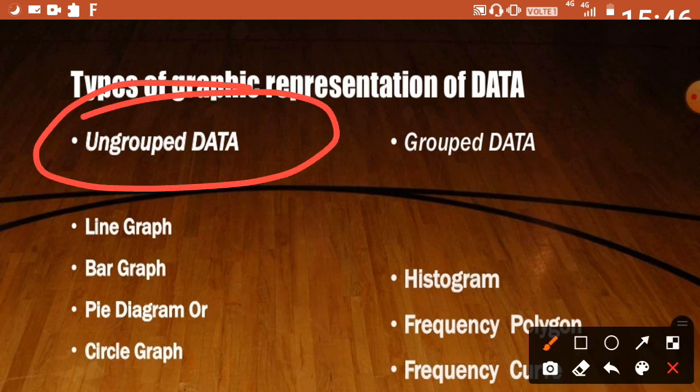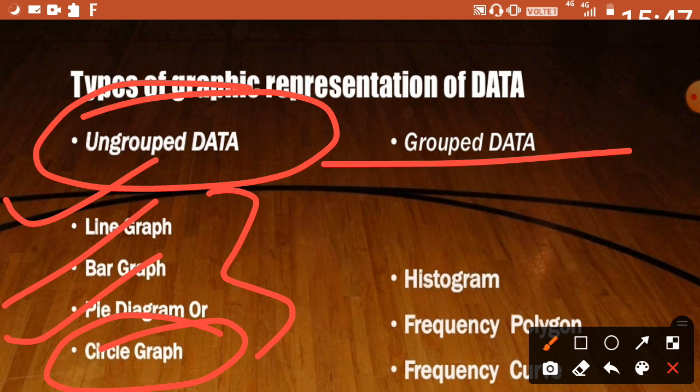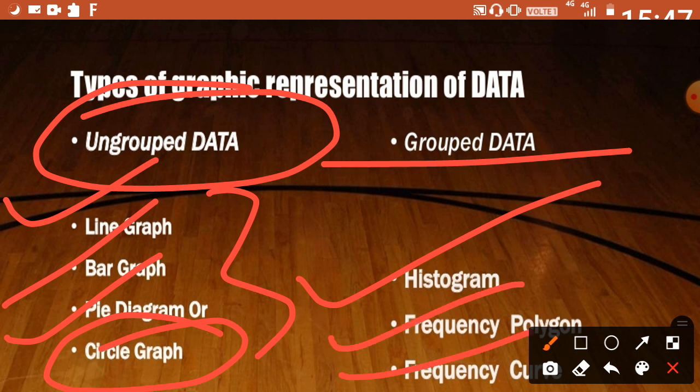For presenting ungrouped data graphically, there are several ways, like line graph, bar graph, pie diagram, or circle graph. You can say pie diagram or pie chart or circle graph, everything is the same. For grouped data, we have histogram, frequency polygon, and frequency curves.